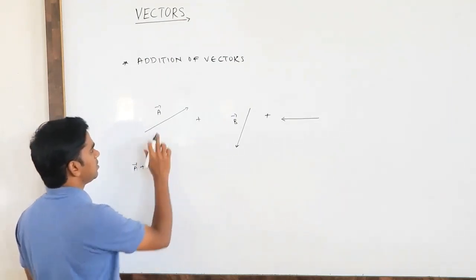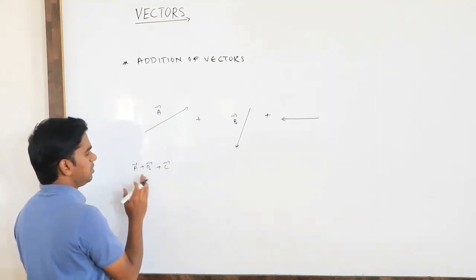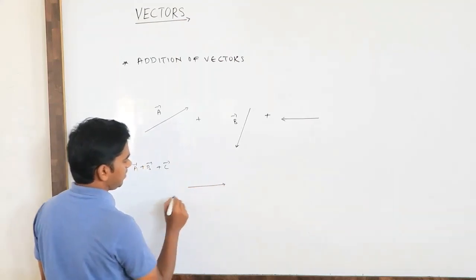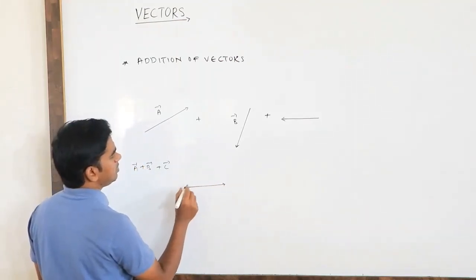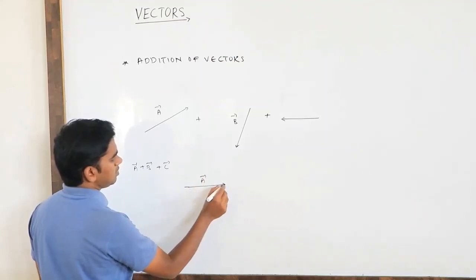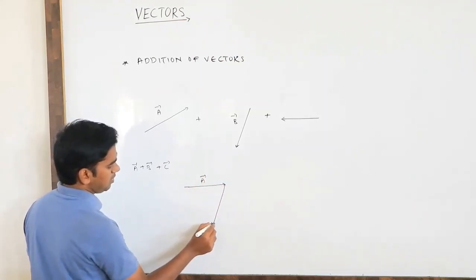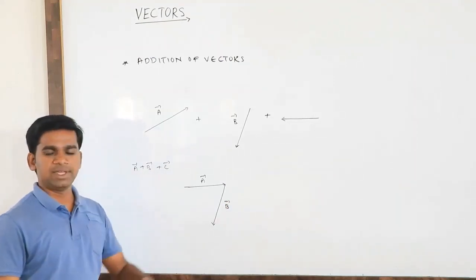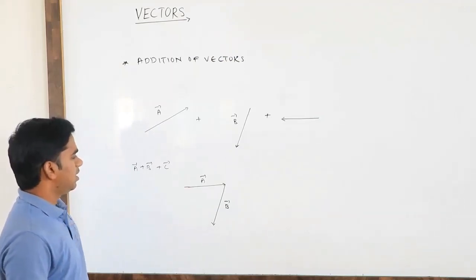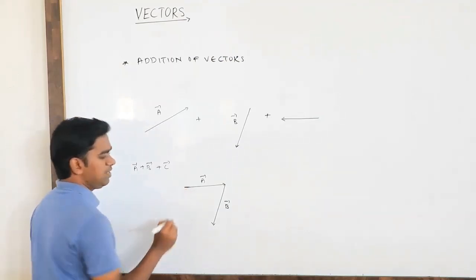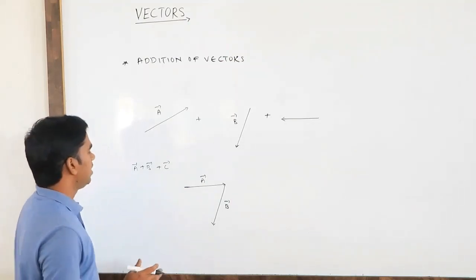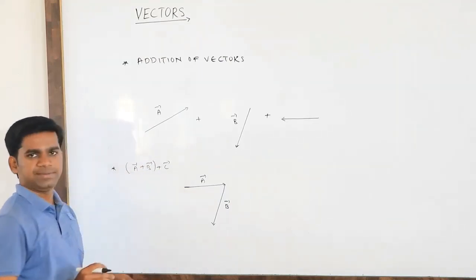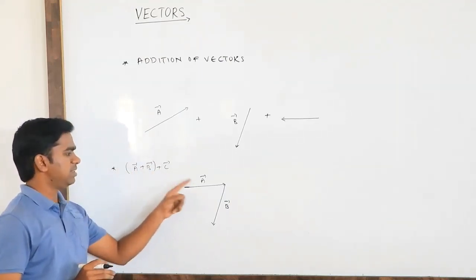Take A over here, then B. This is vector A, this is vector B. But we don't know how to add three at a time; as of now we know how to add only two vectors. So I will break it: I will make it A plus B, then I will add C.